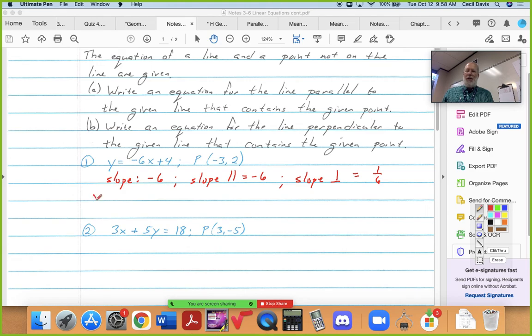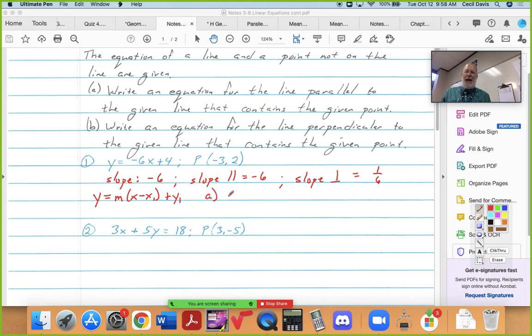So for point slope, I was talking to Mrs. Wheatstruck, and she said this is the way that y'all wrote them last year, so I'll do it the same way. y is equal to m times x minus x1 plus y1.